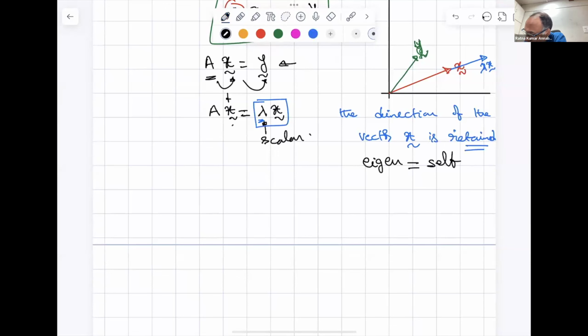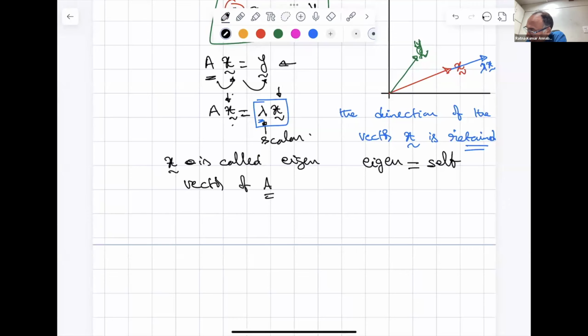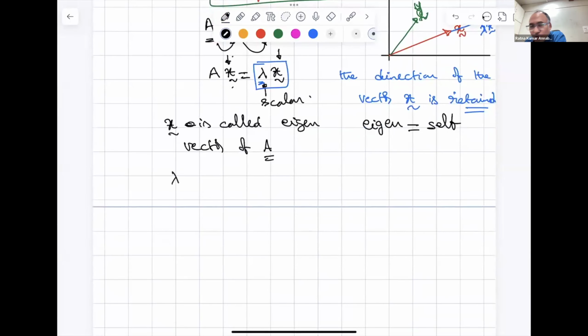So here you have a vector X, and vector X retained its own direction, and hence X is called an eigenvector of A. And the lambda in this case, whatever the amount of stretch or contraction, lambda is called the eigenvalue of A. Right?